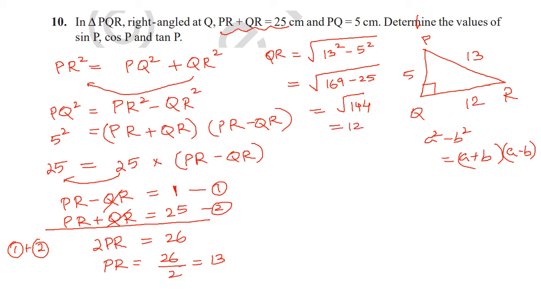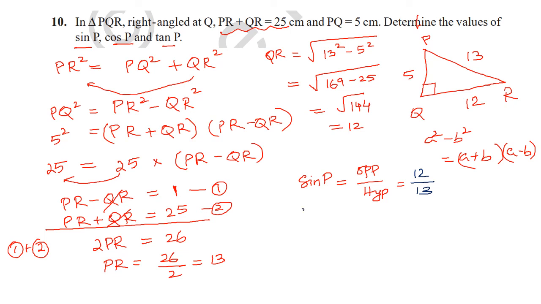Now let us see what are the things they have asked us to find. Sin P, cos P and tan P. What is sin P? Sin theta is equal to opposite by hypotenuse. So find out. What is opposite of P? 12 by 13. So we got 12 by 13.